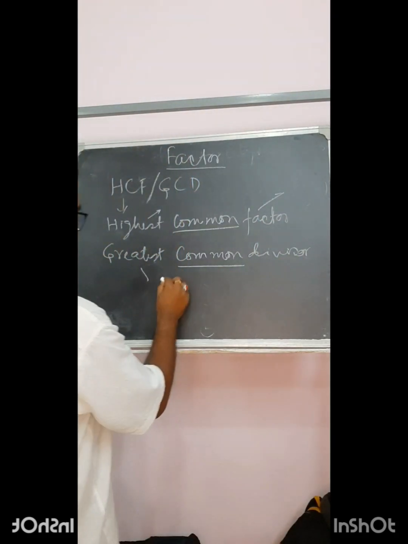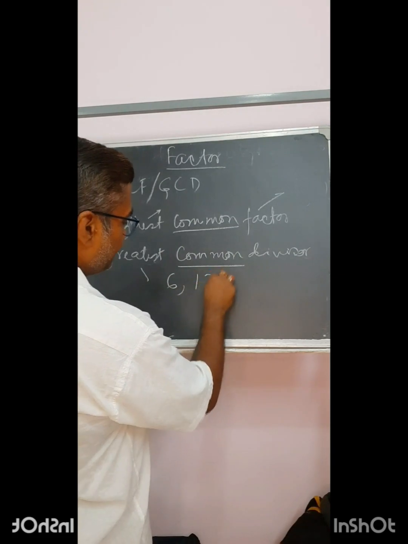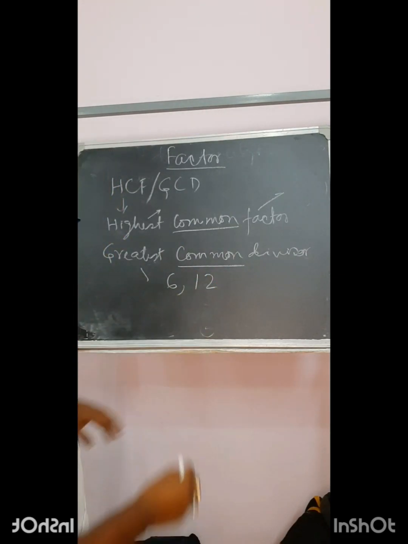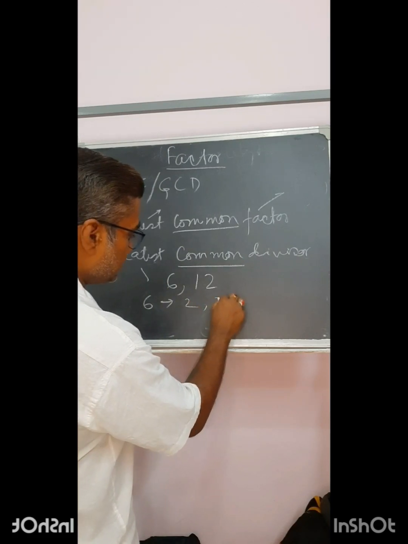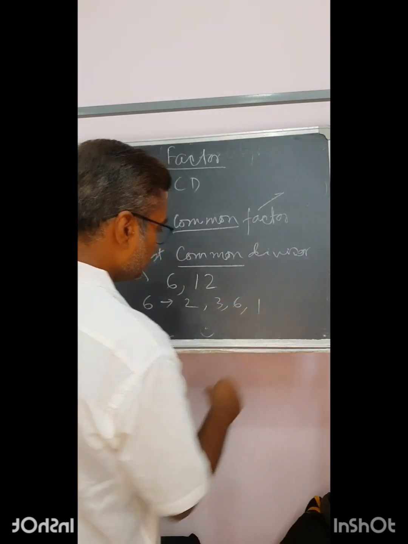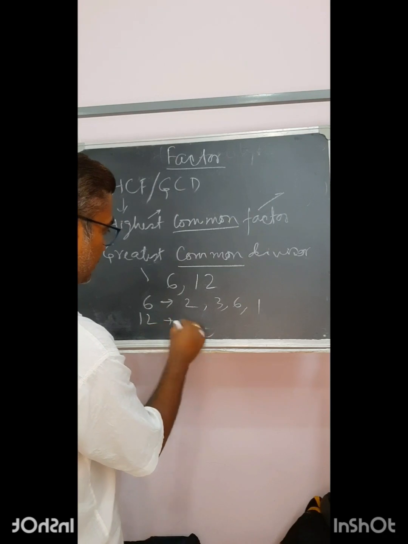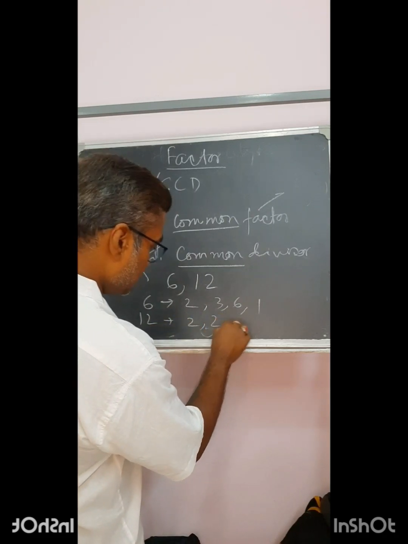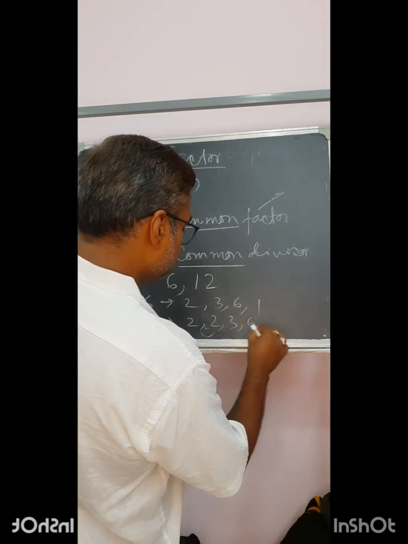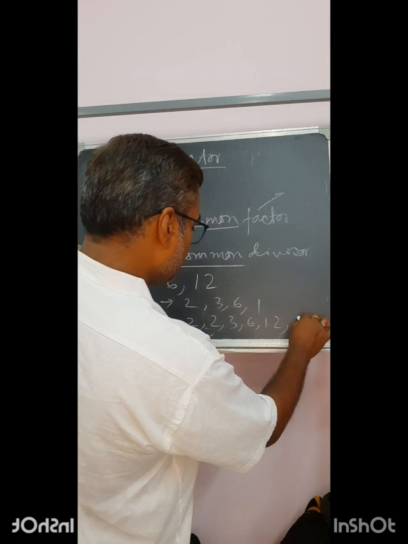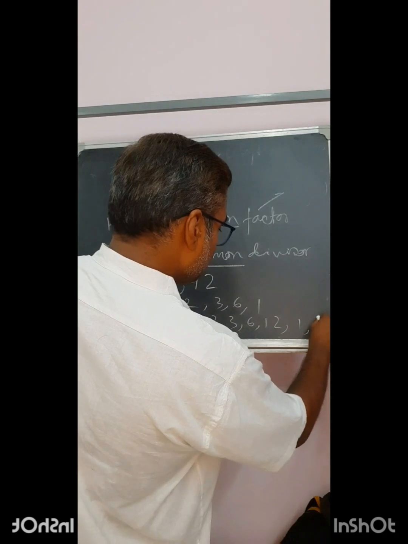So if I take a small example, 6 and 12, the factors of 6 are 2, 3, 6 itself and 1. For 12 it is 2, another 2 will come, 3 will come, 6 will come, 12 will come, 1 will come, and 4 will come.